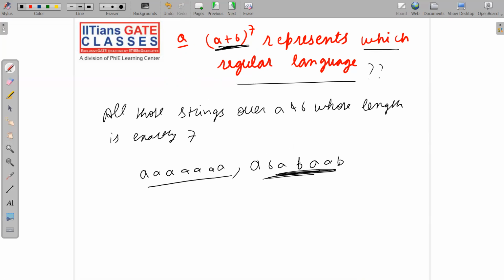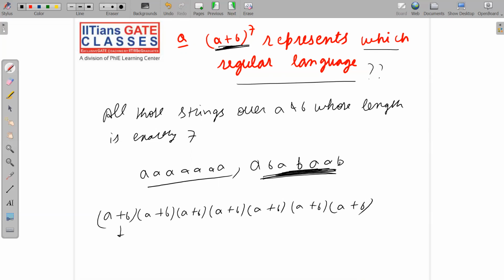Very simple. See, for a 7 length string, just try to expand it: (a+b)(a+b), let me write it properly for you, then again (a+b) 3 times, then 4 times, then 5 times, then 6 times, then 7 times. Now for this string, the first is a, so from (a+b) pick a.